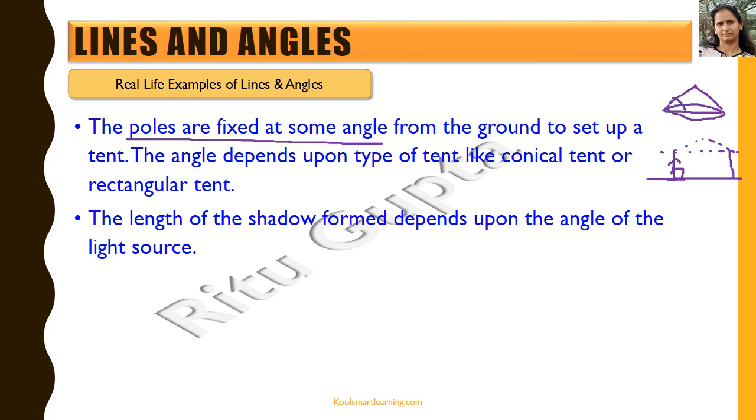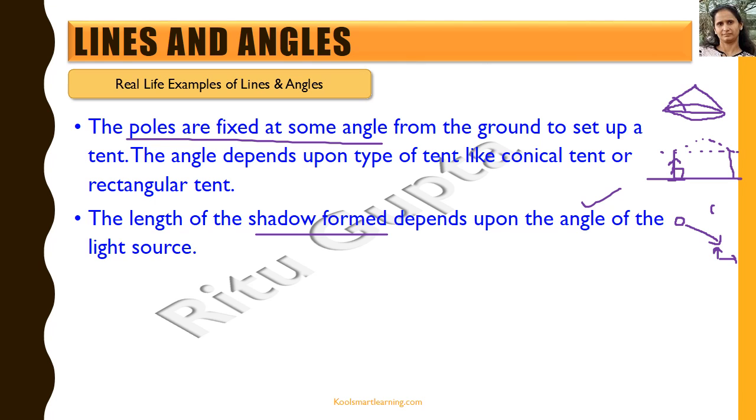Now we've commonly seen, supposing we're walking in the sun, that the shadow formed keeps on changing depending upon the angle of the light source. When we're walking in the sun, the sun is definitely the light source. So supposing the sun is here and you're walking here, then this angle at which the sun is will make the shadow.